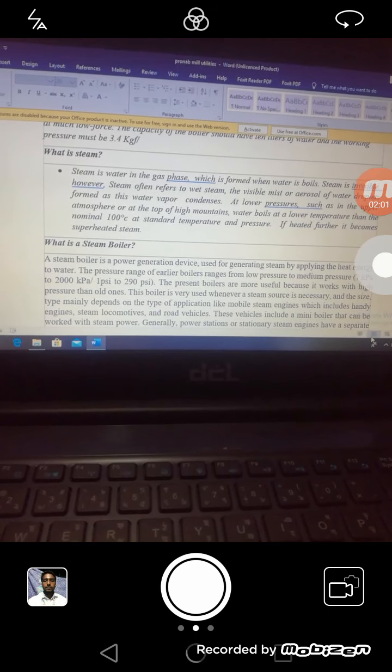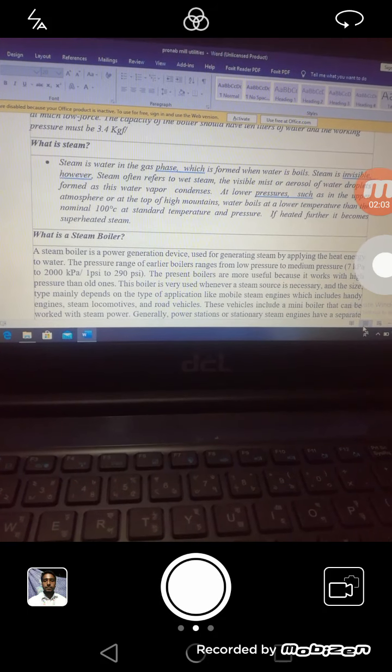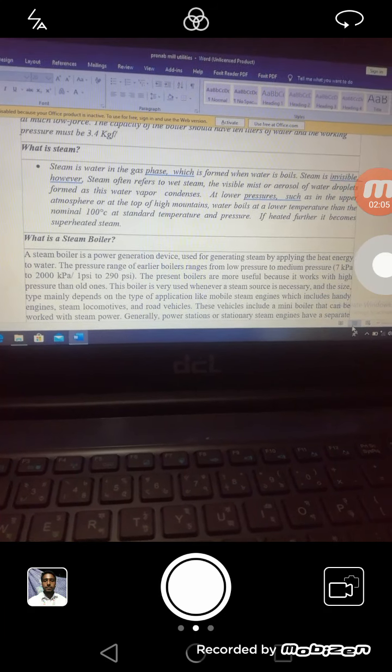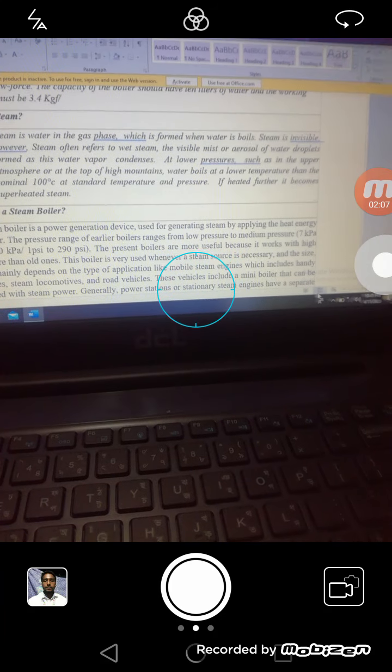Now I introduce what is steam. Steam is water in the gas phase, which is formed when water boils.